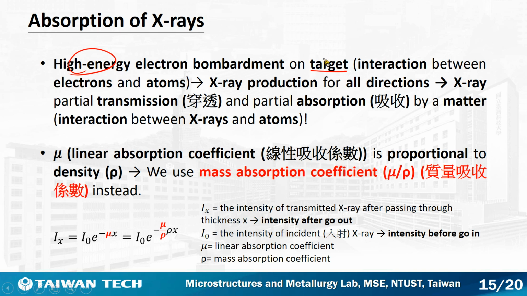At that time, X-ray will be partially transmitted through the material and partially absorbed by the material, by the matter, 物质. So it's about the interaction between X-ray and atoms.